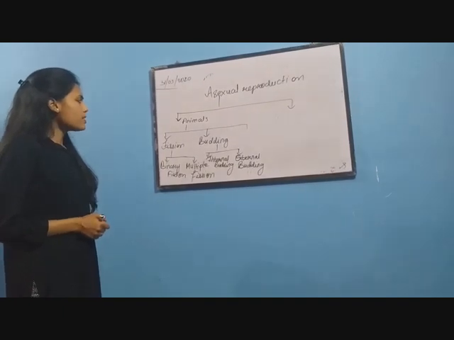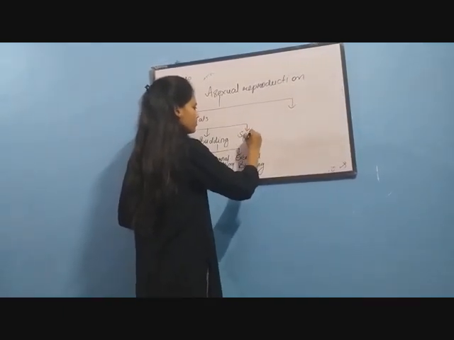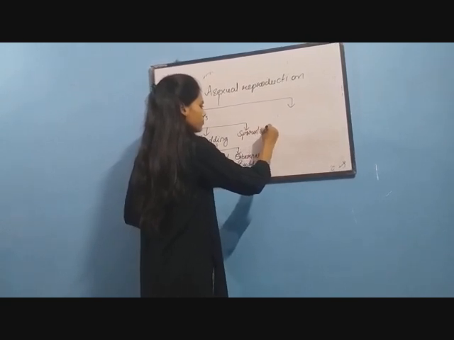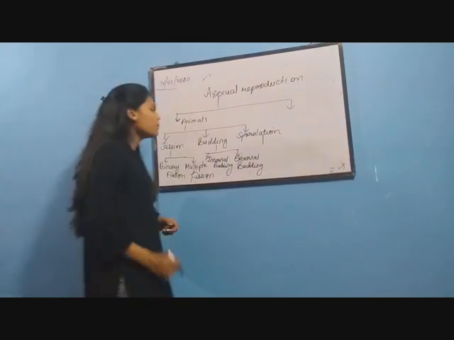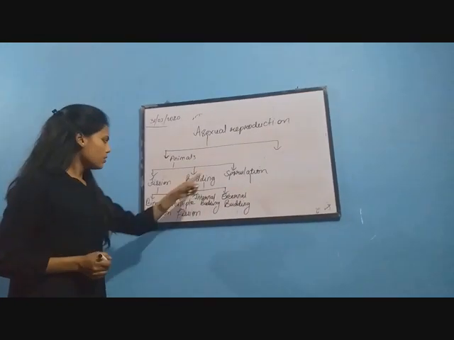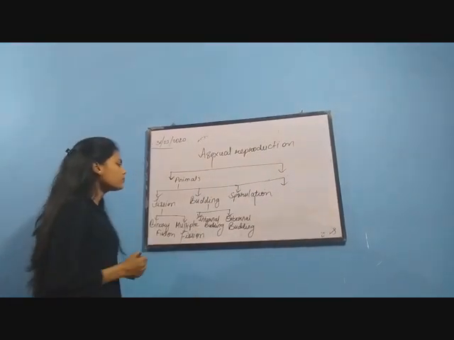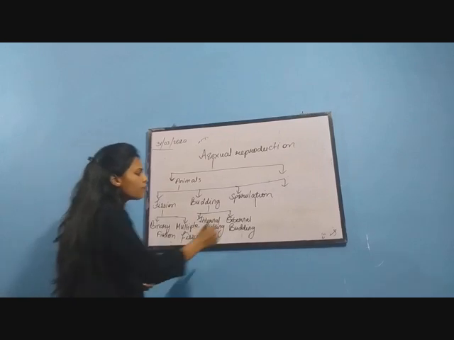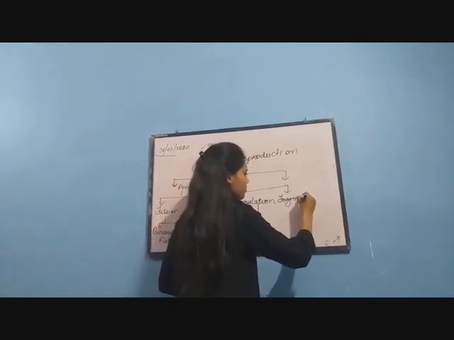Next important process is sporulation, and this is quite common in freshwater sponges. Next process is fragmentation.